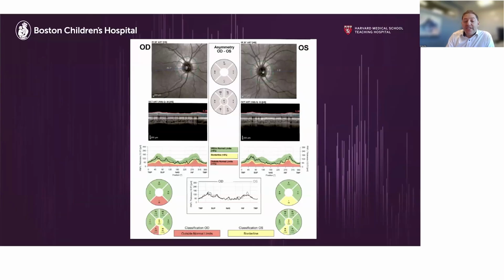When you do his OCT RNFL, you actually start to see that he has thinning of both optic nerves, which is consistent with a diagnosis of multiple sclerosis.